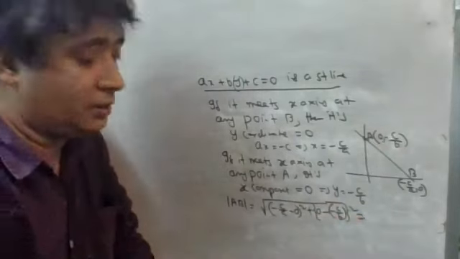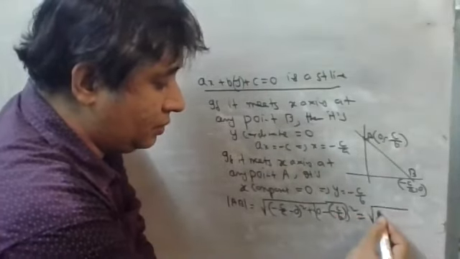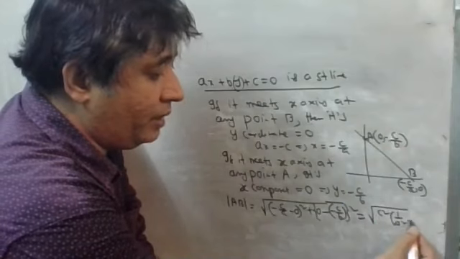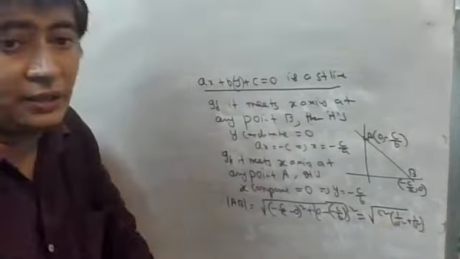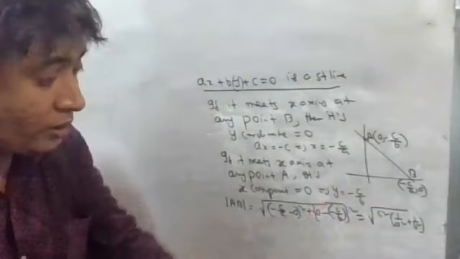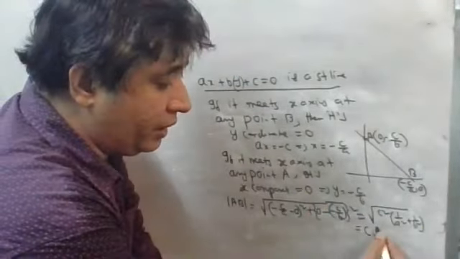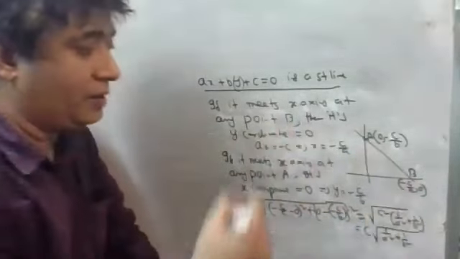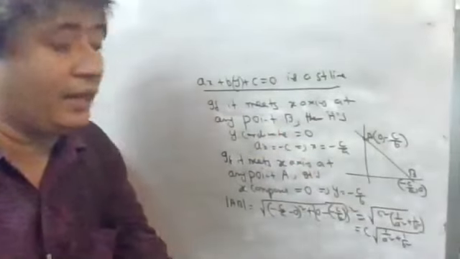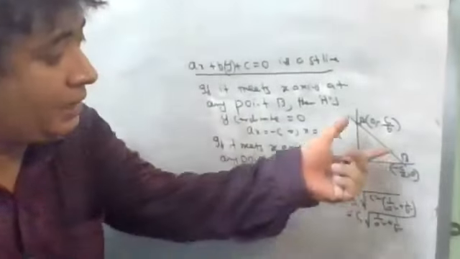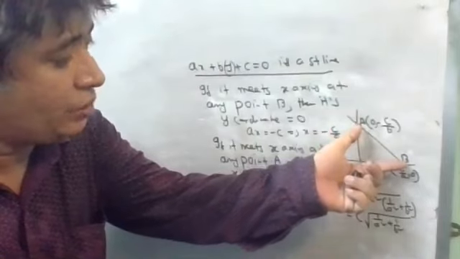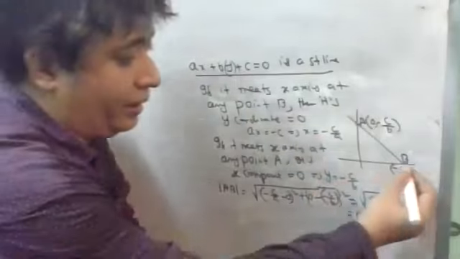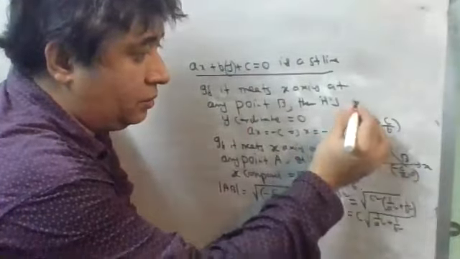That gives us c square into 1 by a square plus 1 by b square, and the c square comes out of the root in terms of c. So this is the length of AB. This is the way you can find the length or magnitude of AB, where this linear equation meets the coordinate axes at two points.